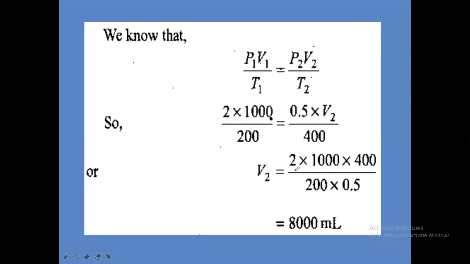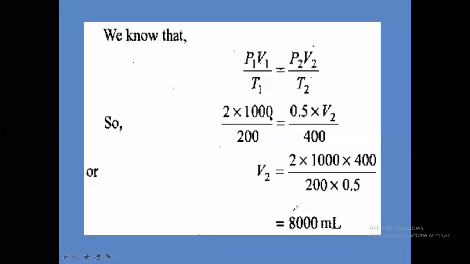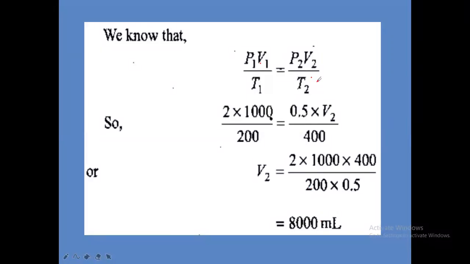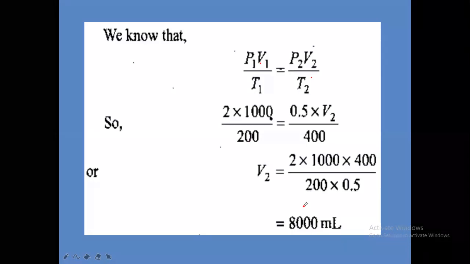V2 is equal to P1 V1 T2 by P2 T1. Like this, we got 8,000 ml, which is the final volume. Sometimes they give the answer in liters. So 8,000 ml is equal to 8 liters.